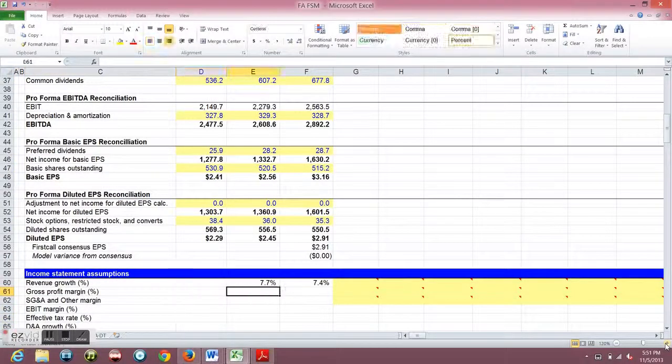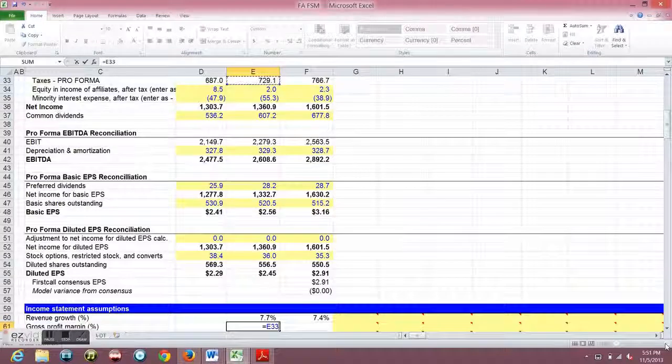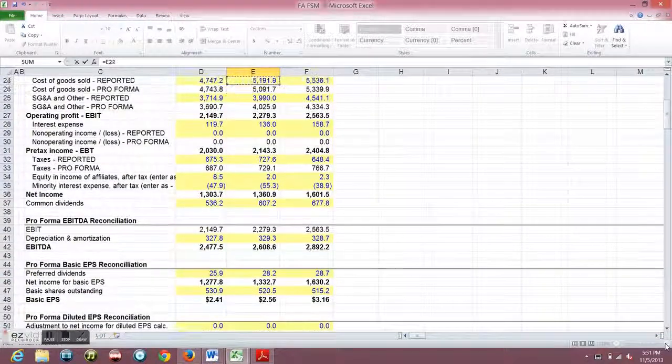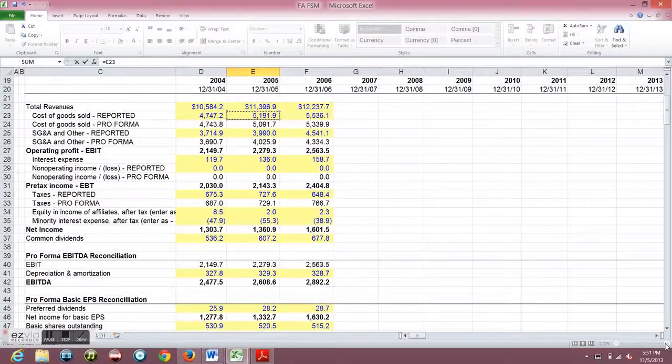Alright, so gross profit margin. How do we calculate gross profit margin? We know that when we take out COGS from our revenues, we get our gross profit.